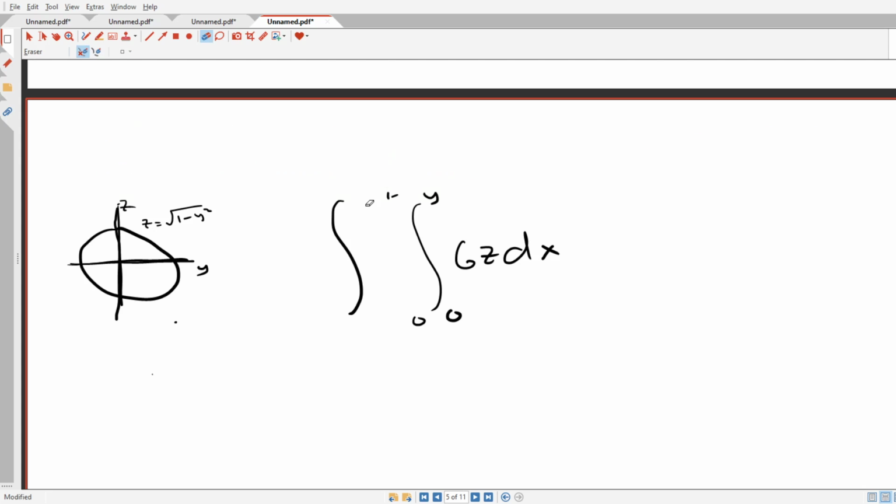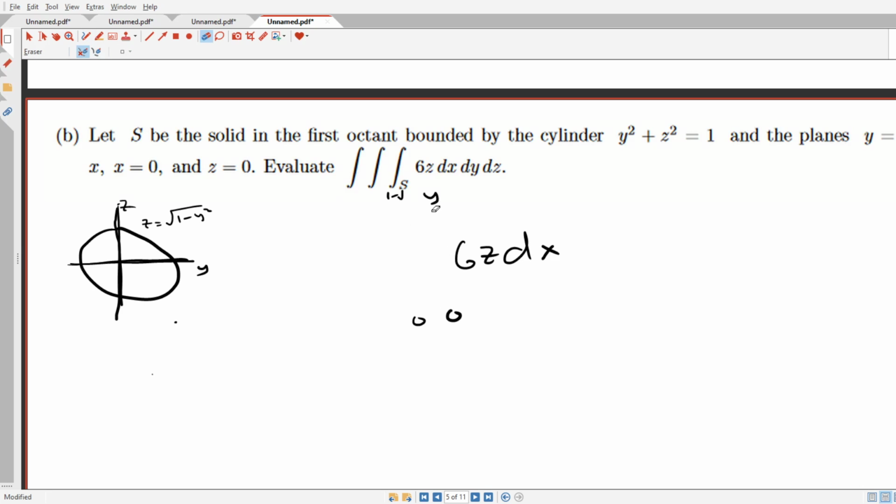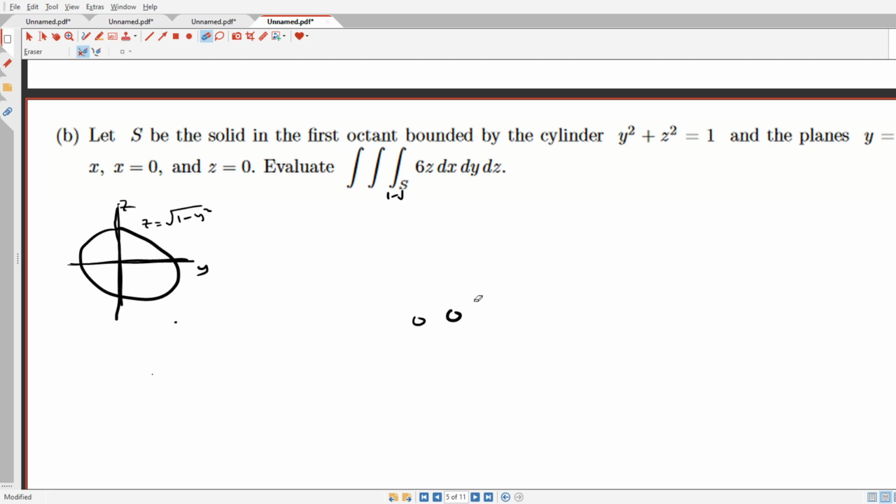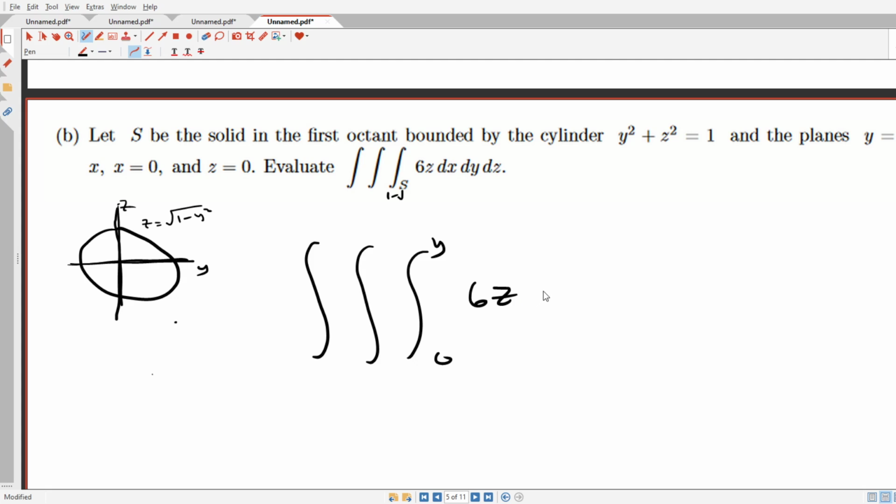Let's give myself some more room. So we have the integral. So we said x goes from 0 to y dx.